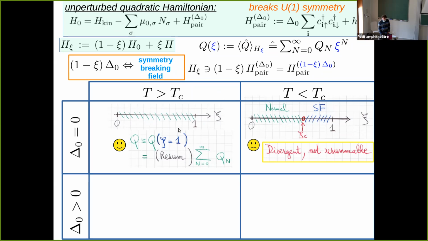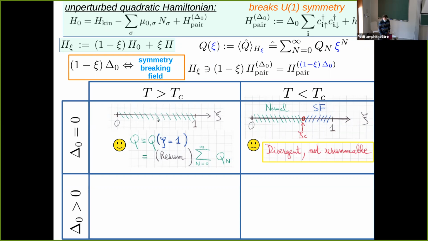So let's see a little bit what to expect, depending on whether we are above or below Tc, and also depending on whether we break or we don't break the symmetry. So whether we take delta 0 equal to 0, or non-zero. The standard situation, which is what has been done in many papers before, as I mentioned, is this one.